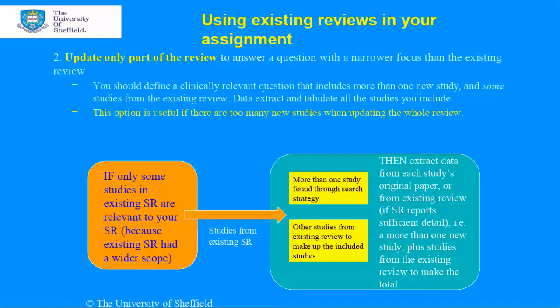And this is very useful where you're finding many new studies have appeared, so much new knowledge. And so there you can extract data from the original paper or from the existing review. And so you put together the new studies plus studies from the existing review to make the total for your review for the assignment.